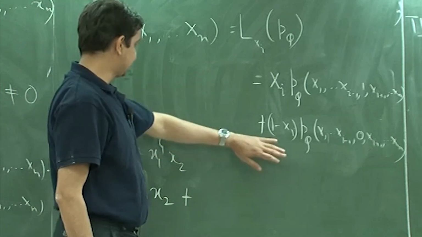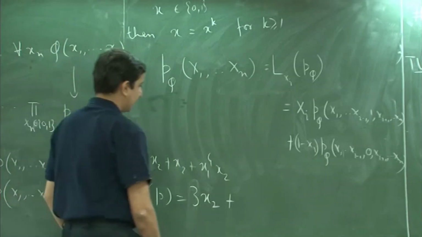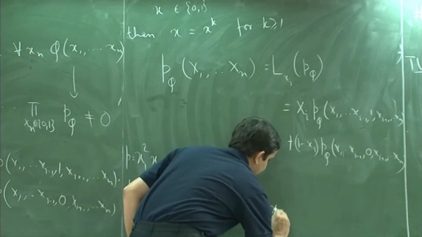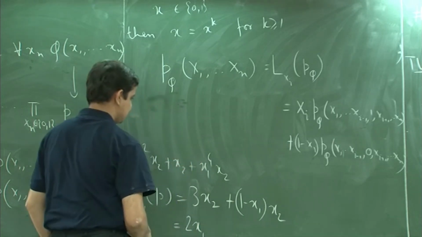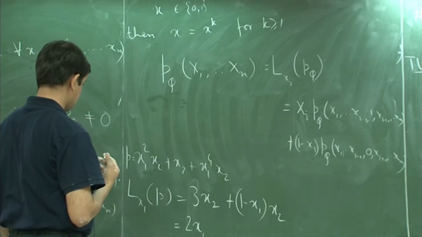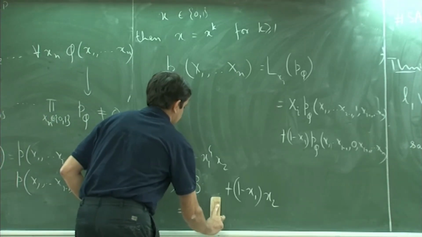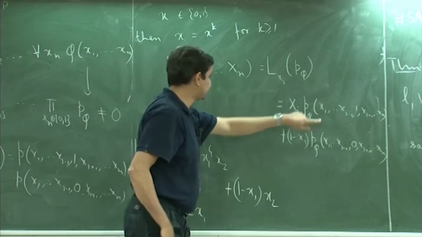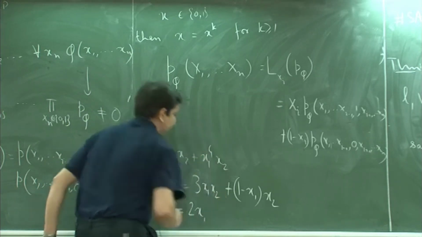Now if we substitute 0 and multiply it with 1 minus x1, we have 1 minus x1 times x2. Then the first part is x1 times this polynomial, so it was 3 x1 x2.